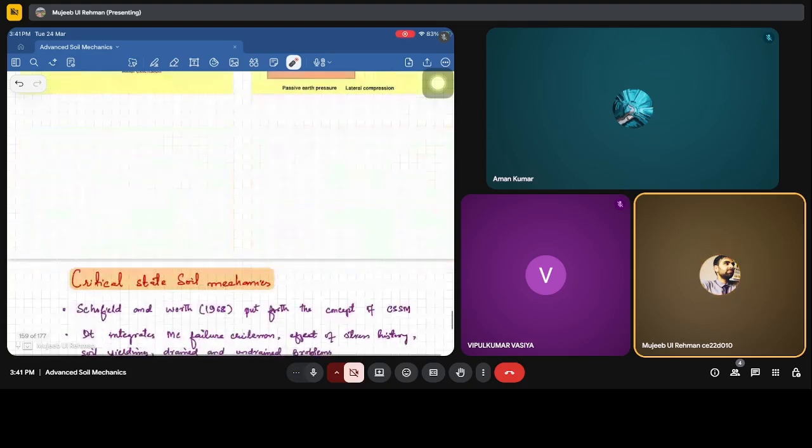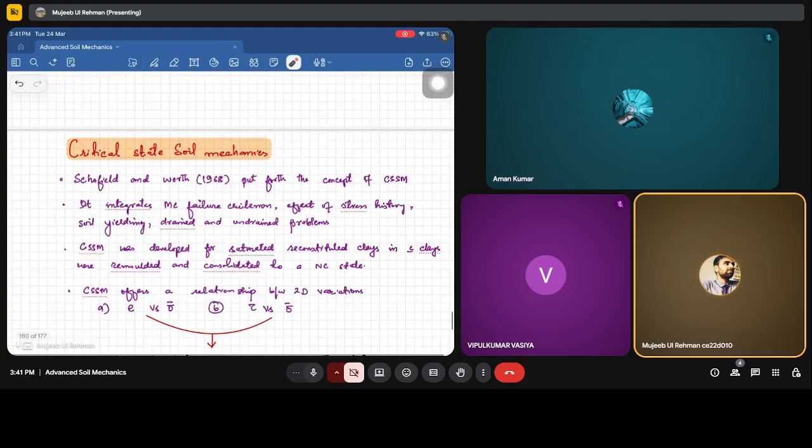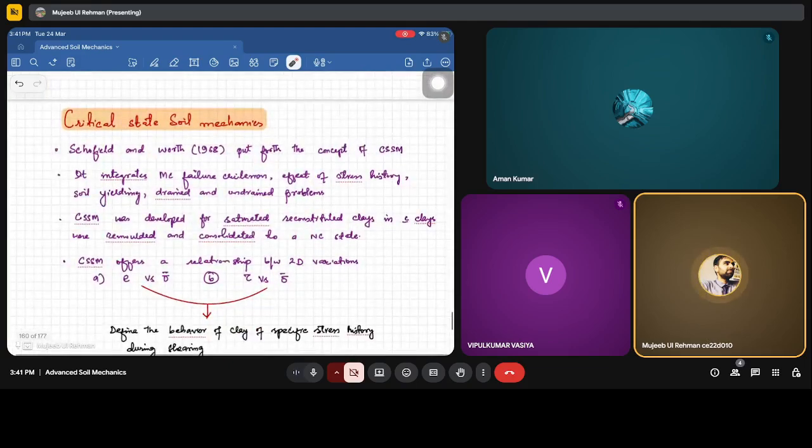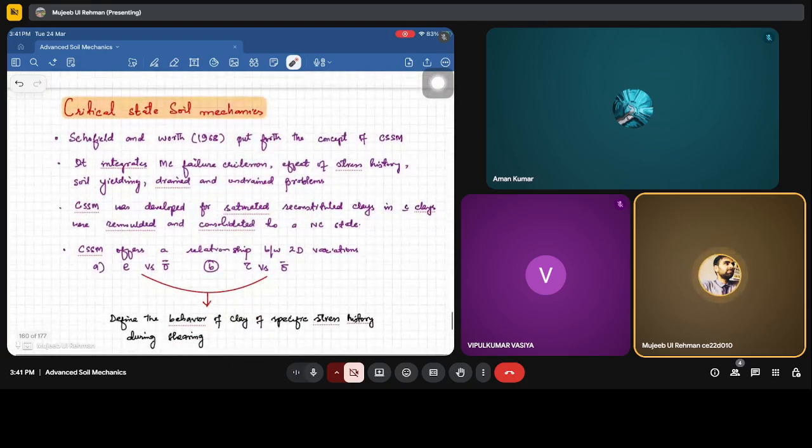Now, after that, sir has gone through critical state soil mechanics. When we talk about the Mohr-Coulomb failure criterion, we are dealing with the p and q stress paths. Fine. We don't worry about the volumetric strains and all.